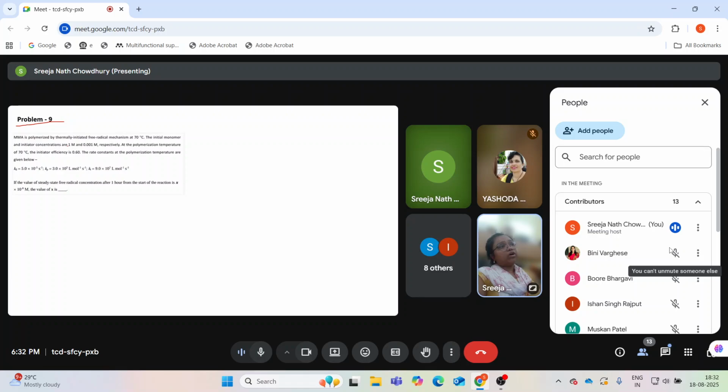At the polymerization temperature of 70 degrees centigrade, the initiator efficiency is 0.60. The rate constants at the polymerization temperature are given below. If the value of the steady state free radical concentration after 1 hour from the start of the reaction is x into 10 to the power minus 8 molar, then find the value of x.